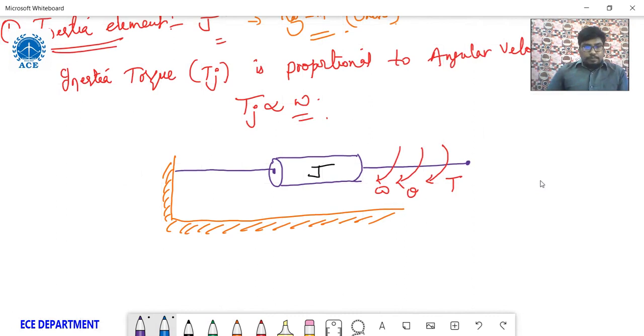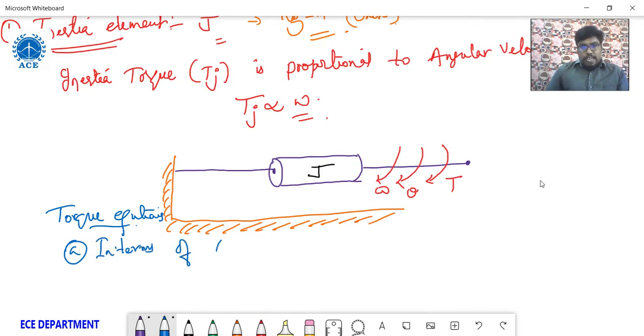Now let us write the torque equations here. I will write the torque equation A in terms of angular displacement theta, right?